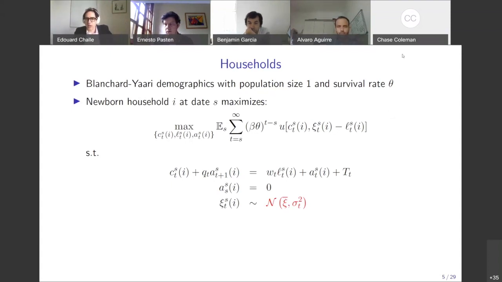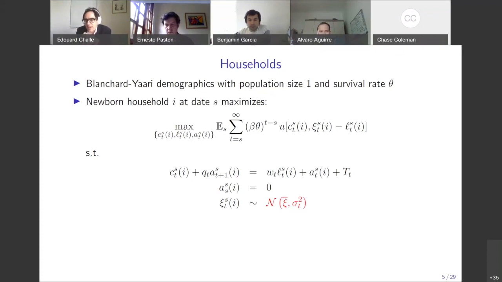Okay. So this is the U of C, psi minus L, the utility functional. C_S,T(i) is the consumption of agent i belonging to cohort S at time T. Psi_S,T is an exogenous time endowment, which is going to be stochastic and idiosyncratic.